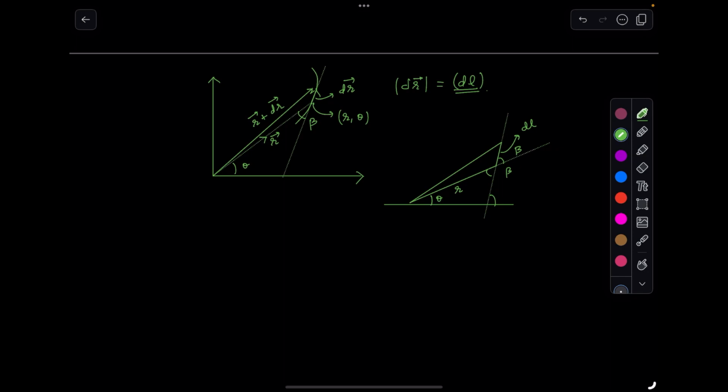This angle can be written as the sum of interior angles, which will be theta plus beta, and we are naming this angle as phi.